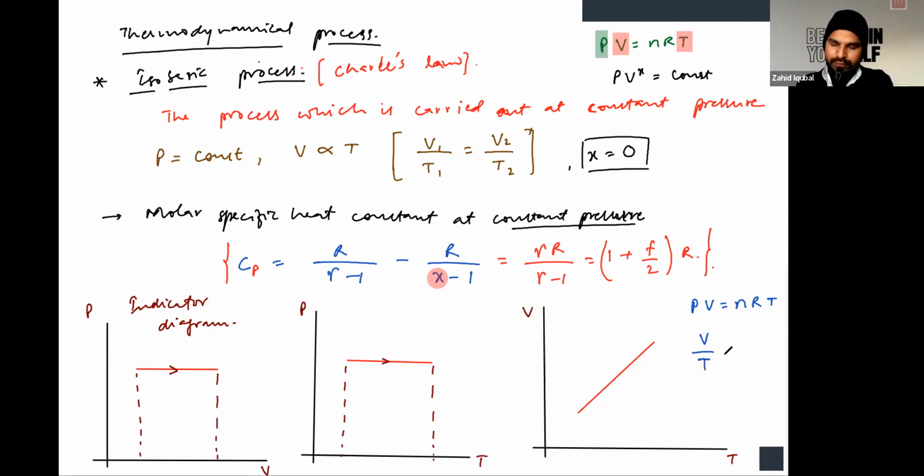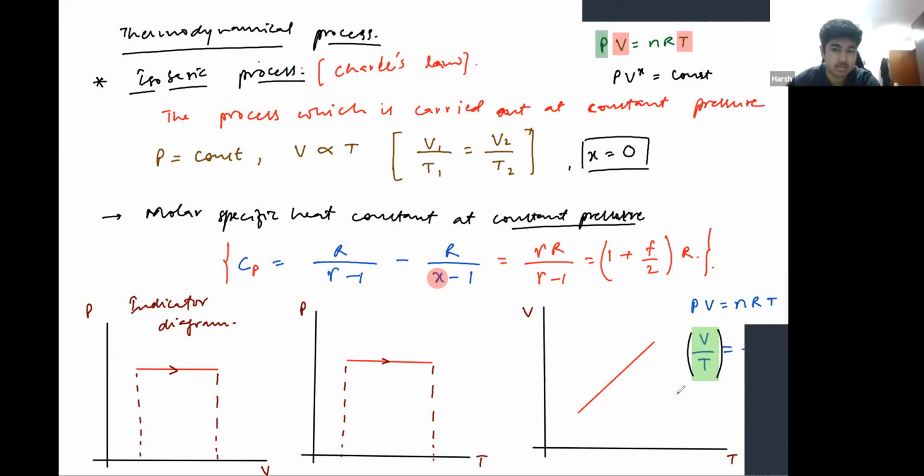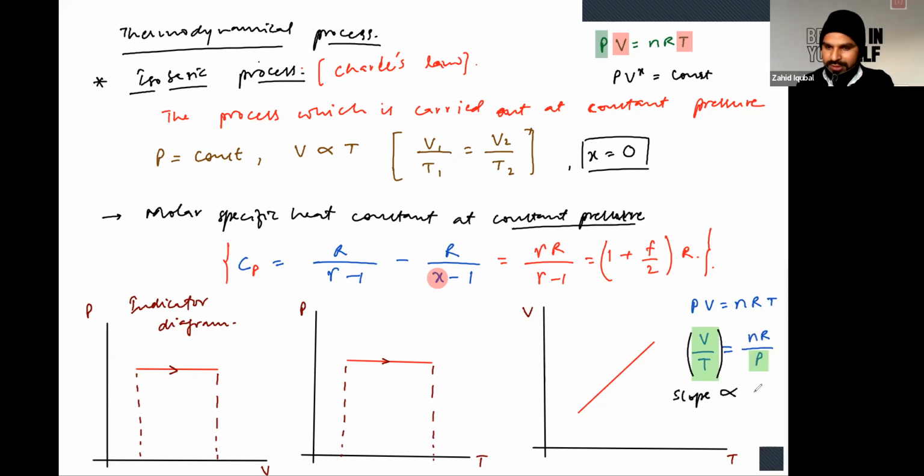So we can write volume divided by temperature as nR divided by P. This quantity is nothing but the ratio of perpendicular by base, so it is the slope of the volume versus temperature graph, and it relates to pressure inversely. So the slope of the volume versus temperature graph is inversely proportional to pressure: greater the slope, lesser the pressure.